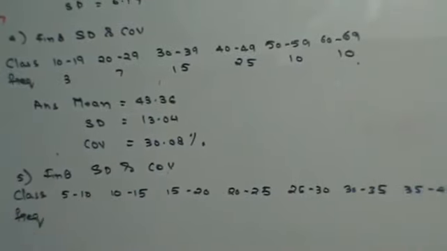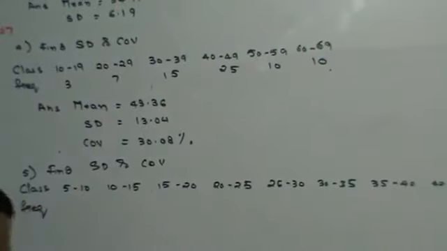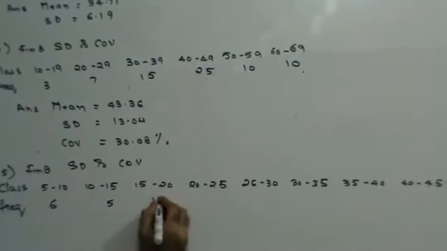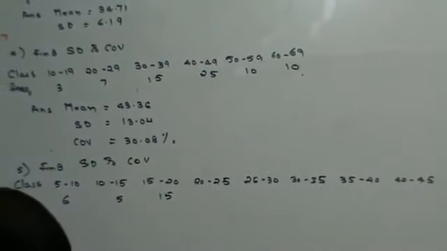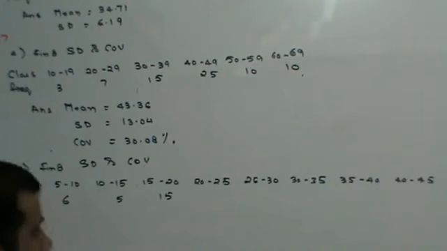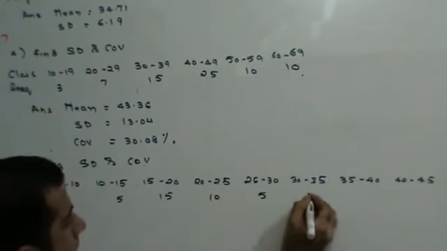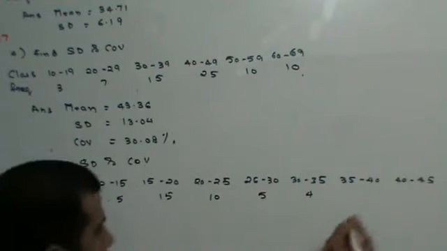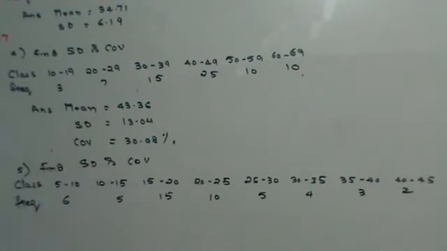Frequency is given to you as 6, 5, 15, 10, 5, 4, 3, 2. Same method, you still do the sum by the same method.